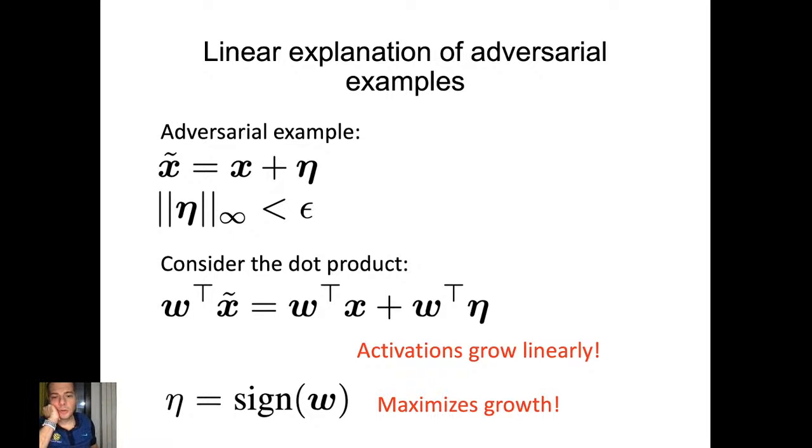In order to maximize the growth, you can use the sign of the weights as the noise pattern, to make sure that you go in the same direction as the weights, but as far as possible from the input. And this also gives the idea of the fast gradient sign method to optimize adversarial examples.